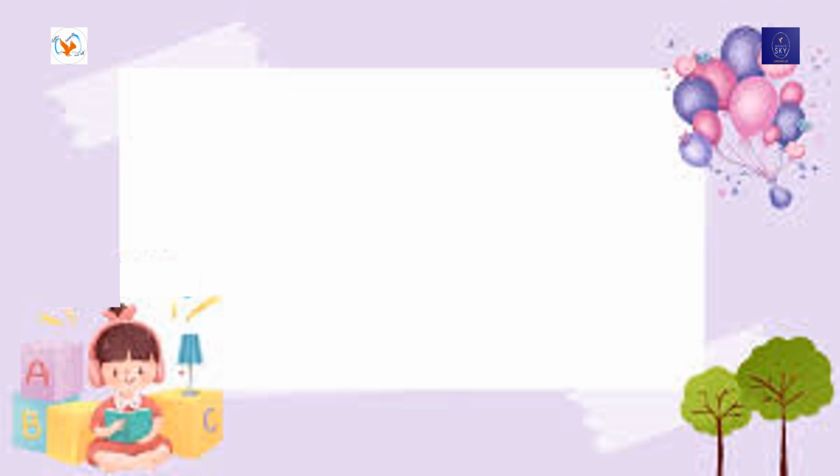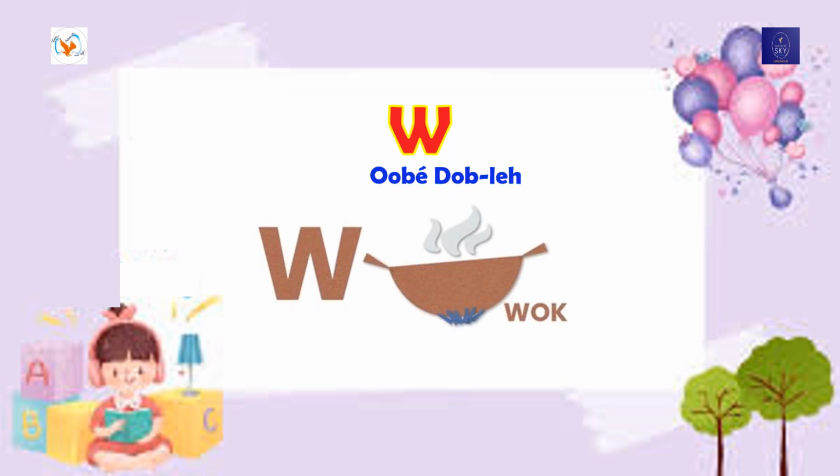Let's now discuss V. In Spanish, it is pronounced as V. Now on to W, which is pronounced as V doble. W is not native to the Spanish language and is mostly found in loan words.